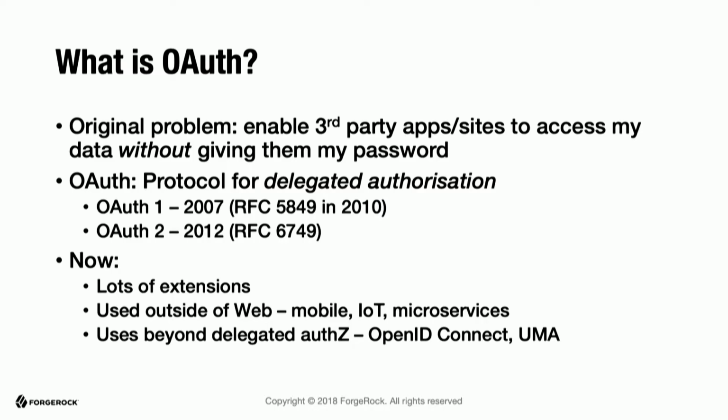People are using it way beyond its original use cases, outside the web, on mobile, Internet of Things, microservices, and beyond just the delegated authorization it was originally for. So things like OpenID Connect, which is an extension on top of OAuth to do authentication, and UMA, User Managed Access, which does all kinds of authorization.